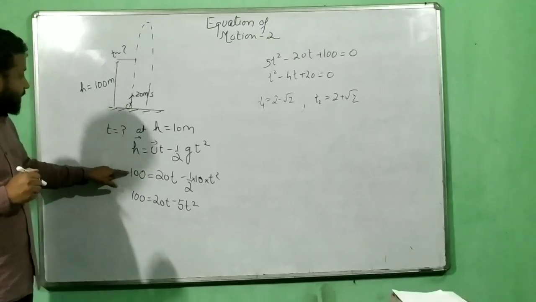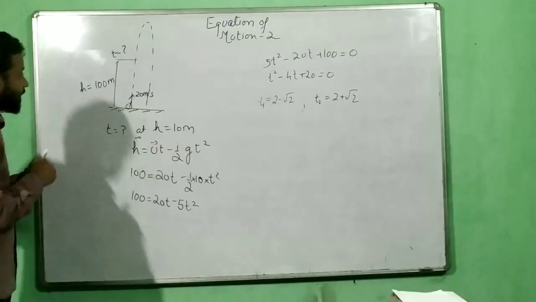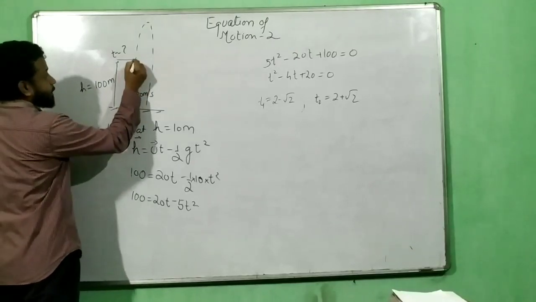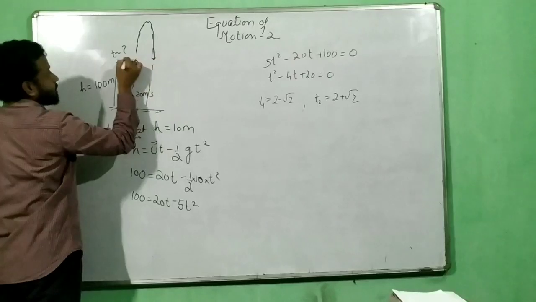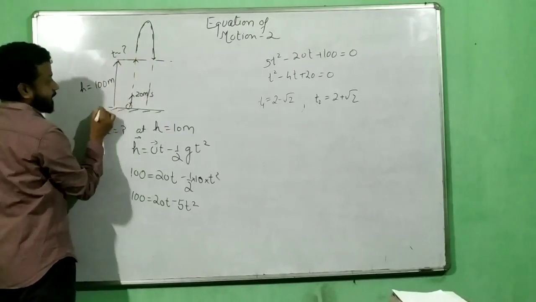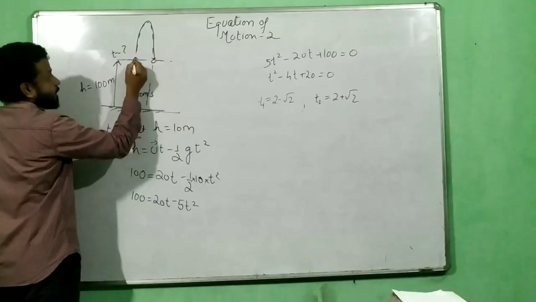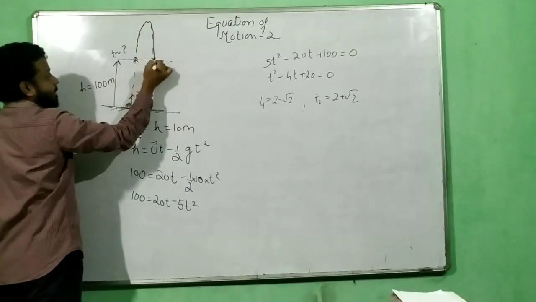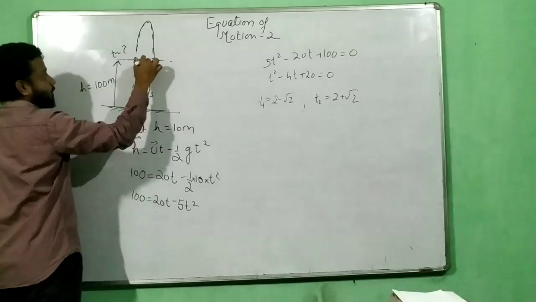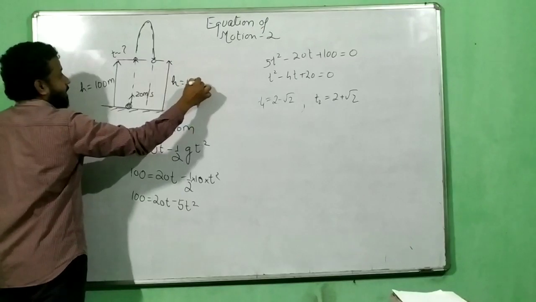Remember, when we started with this equation, we said that h is displacement. When it is going up, it is crossing a height of 100 meter. When it is coming back, it is again crossing a displacement of 100 meter, because displacement means initial position and final position. So whether the body is here while going up or here while coming down, the displacement from the initial position remains the same, 100 meter.